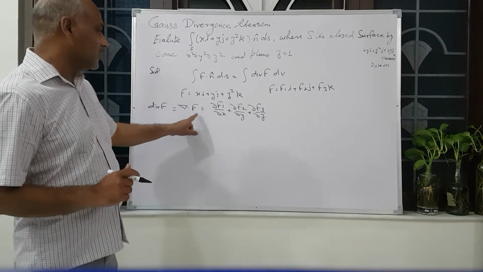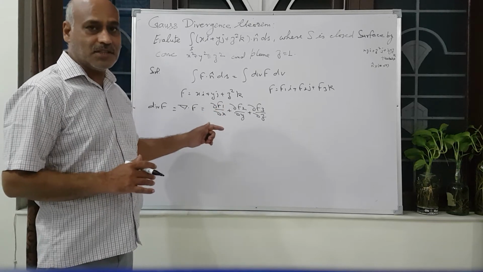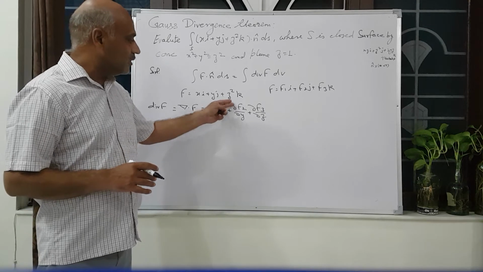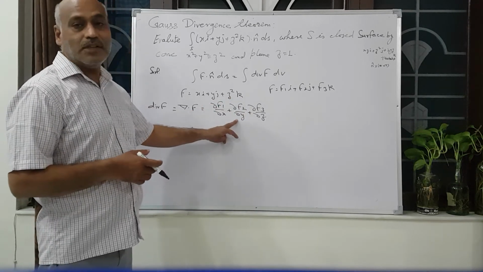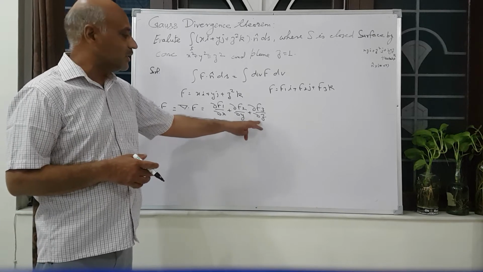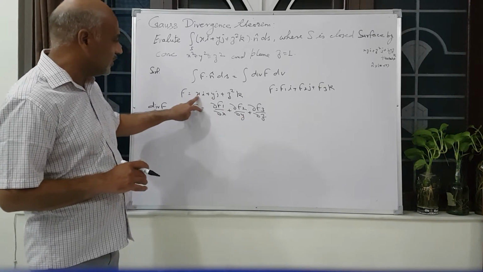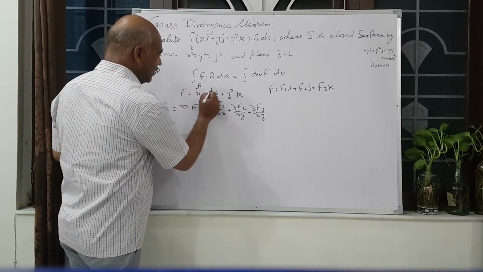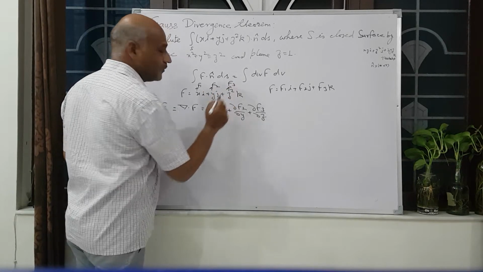So del dot F is the divergence of F: del F1 by del x, partial differentiation with respect to x, where y and z remain constant, then del F2 by del y, then del F3 by del z. With respect to y, x and z remain constant; here x and y remain constant.